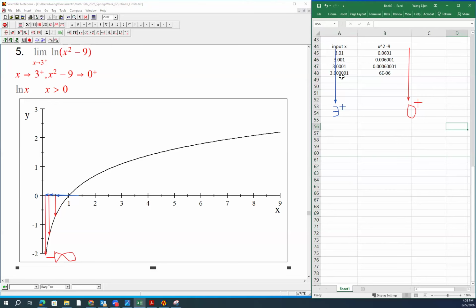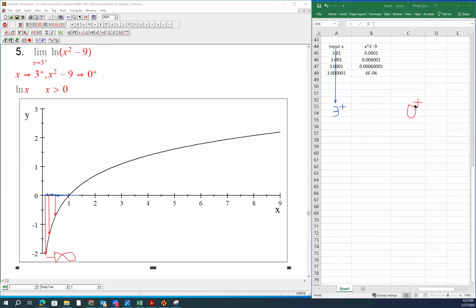As x approaches 3 from larger than 3, x squared minus 9 is approaching 0 from larger than 0. Let me move that. So this is going to be approaching 0 from larger than 0.